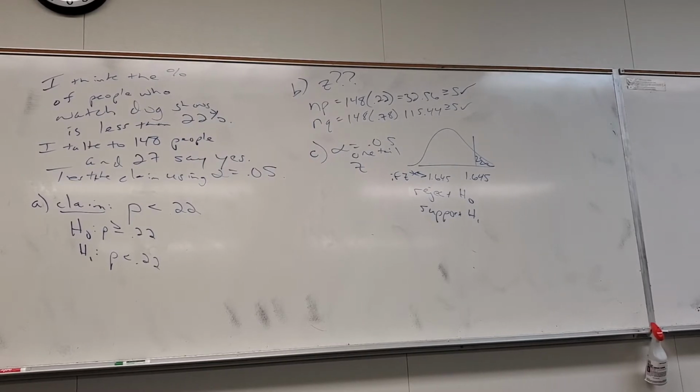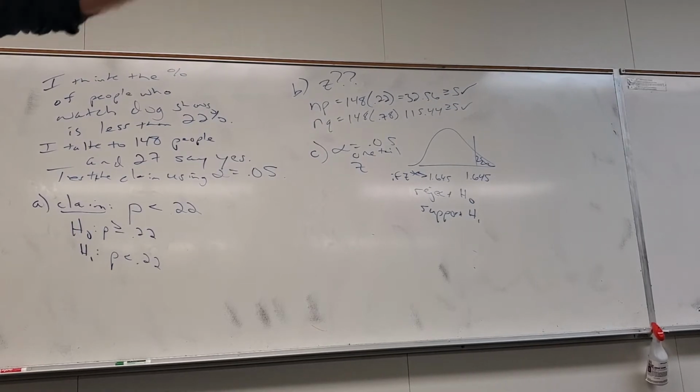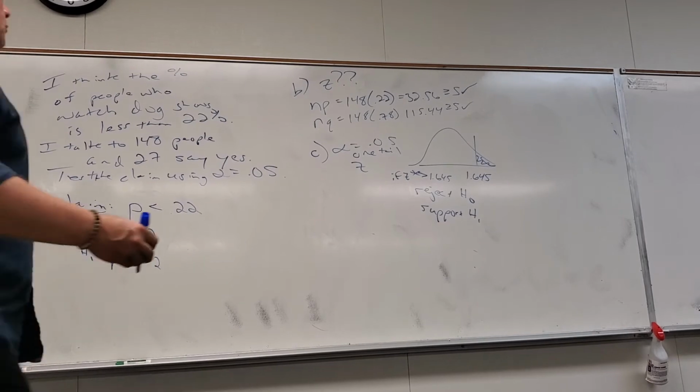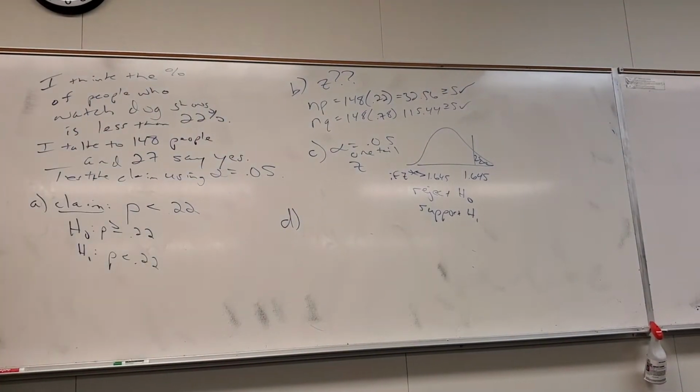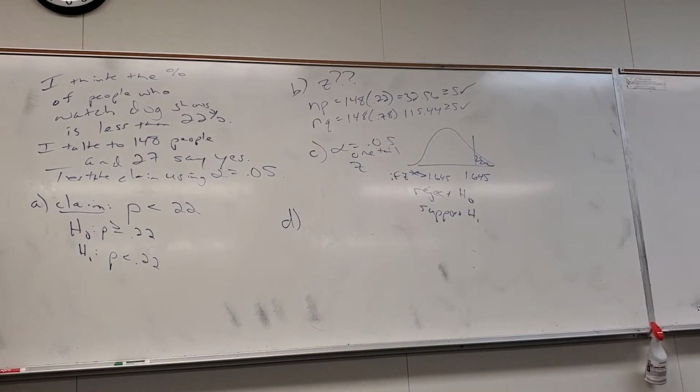All right, and now that I've established what my sample needs to do, I go see what my sample did. So what can you get from the sample information? What can you calculate now? P hat. No, the p-value I can only get once I get Z star.